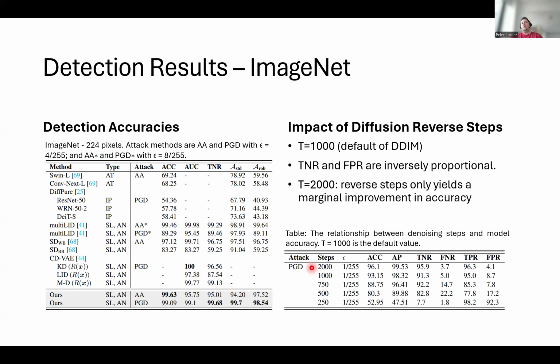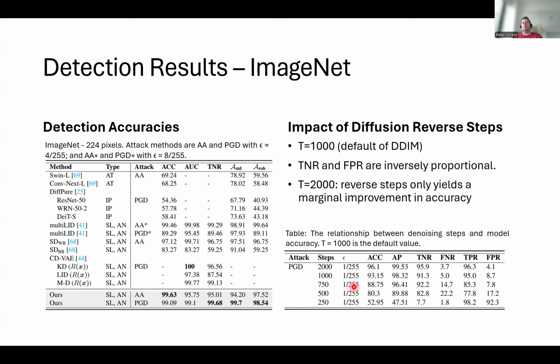The impact of the diffusion reverse steps: generating a sample for diffusion models can be very expensive. By default, there are 1,000 steps, and these steps could be saved, and the sample generation would be faster. This is what we would aim for.